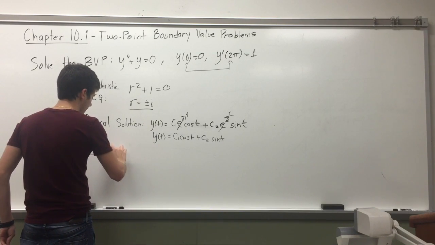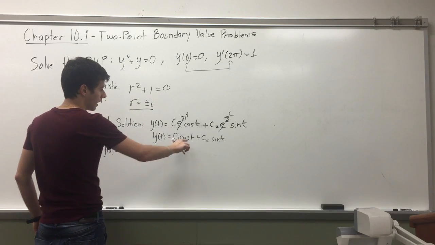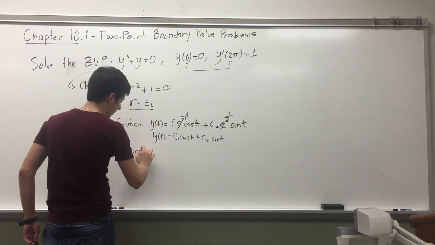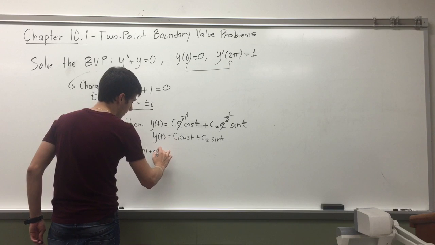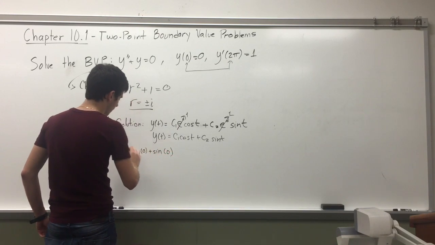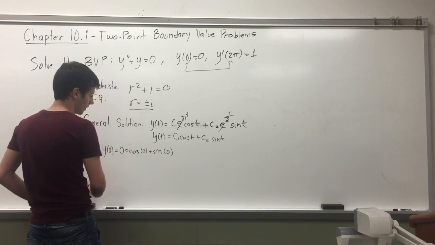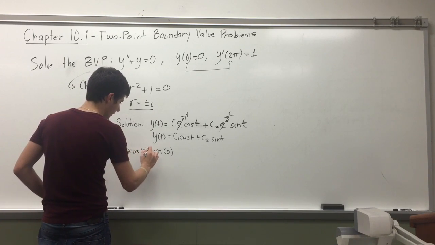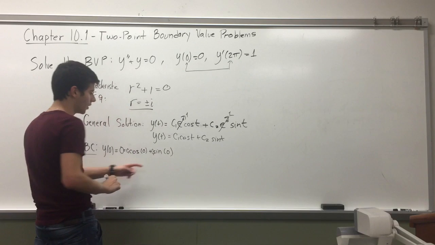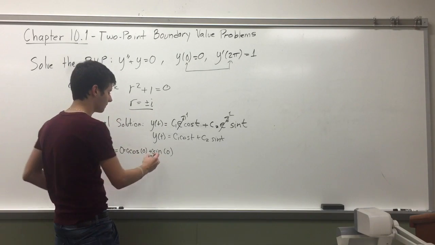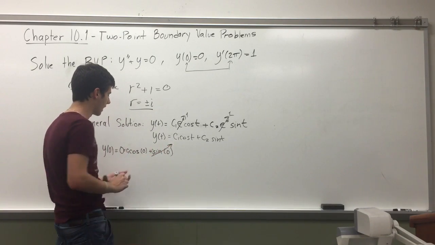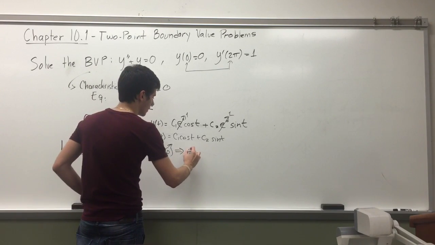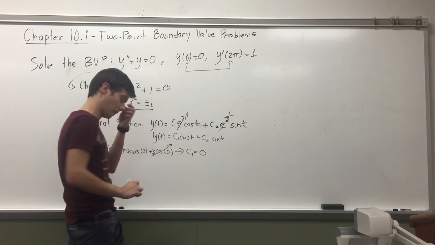So y of 0 is equal to C1 cosine of 0 plus C2 sine of 0. We know that sine of 0 is just 0, so this goes out, and cosine of 0 is equal to 1. So therefore, C1 is equal to 0.